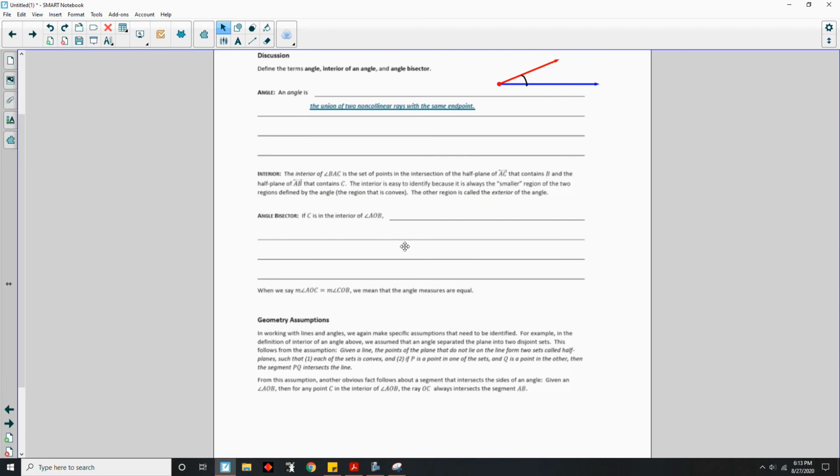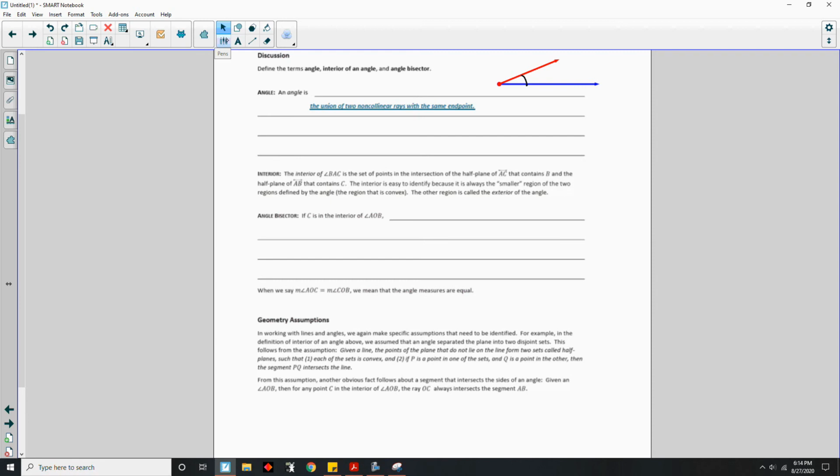Interior. The interior of angle BAC is a set of points in the intersection of the half plane of AC that contains B and the half plane of AB that contains C. Okay, so those are rays, by the way.